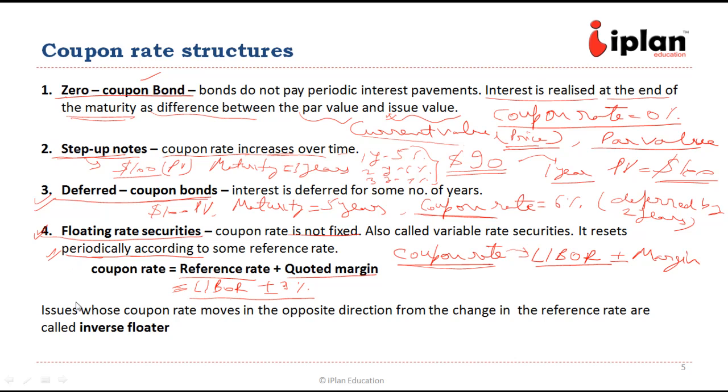And a certain variant of floating rate security is inverse floater, in which the coupon rate moves in opposite direction from the reference rate. For example, if the coupon rate is say 12% minus LIBOR. So in this case, coupon rate is going to move in opposite direction than LIBOR.